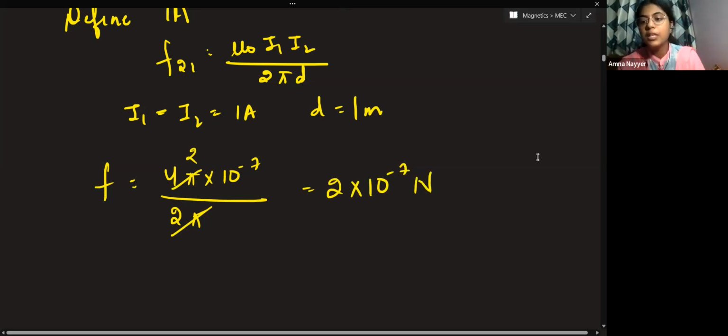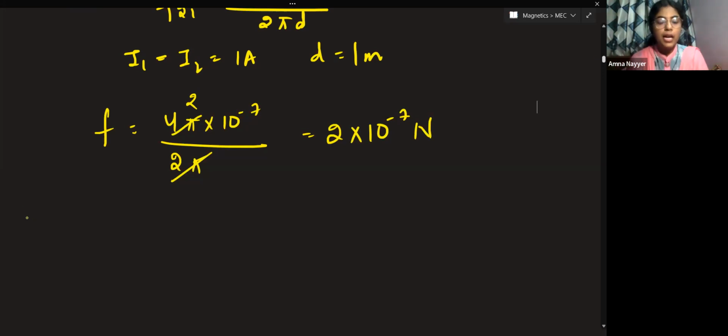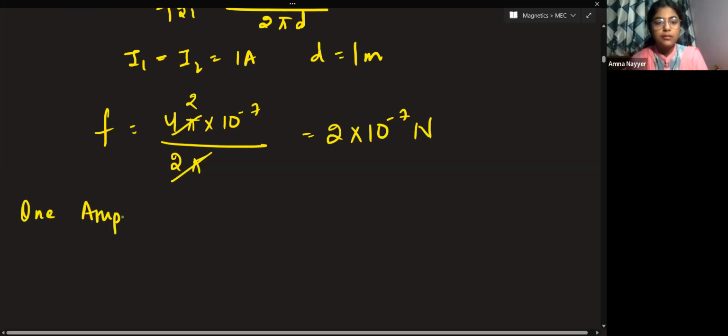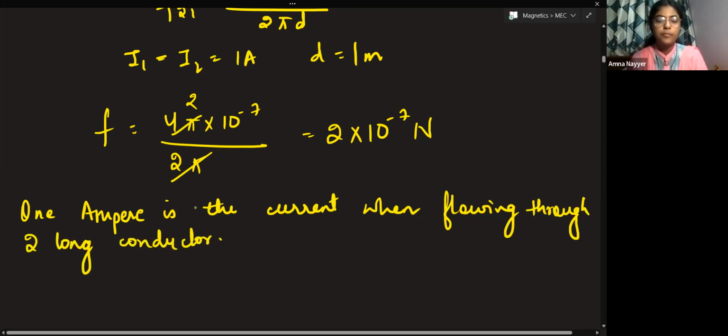Now, how can we define 1 ampere? 1 ampere is basically the amount of current that flows. I'll write it. 1 ampere is the current flowing through two long conductors.